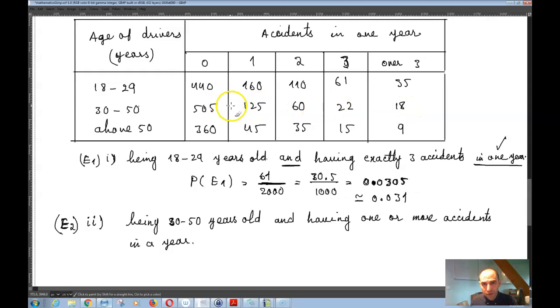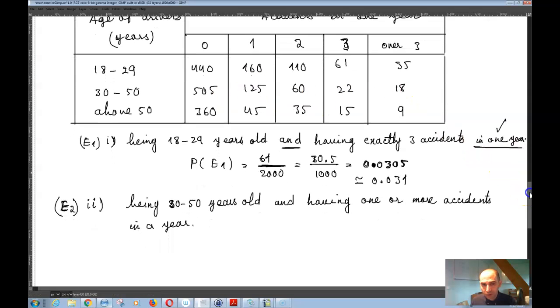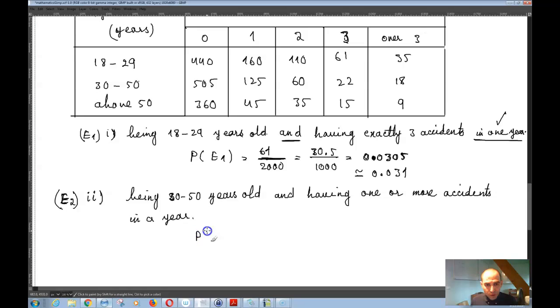You add all of these numbers together. So then P of E2 would be equal to 125 plus 60 plus 22 plus 18 divided by the total number of trials, which is 2000 in this case.